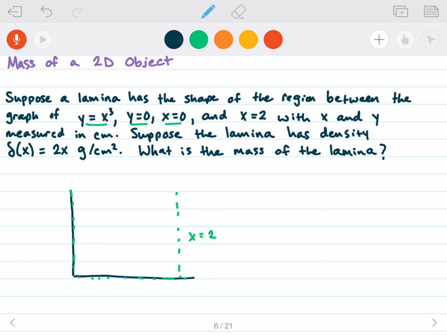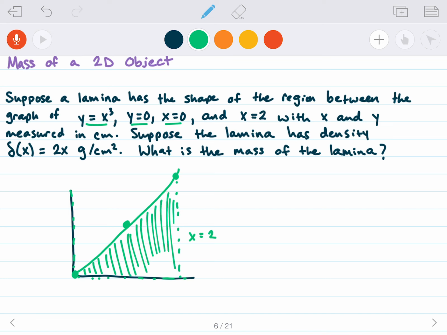If I plug in 0, I get 0. If I plug in 1, I get 1. And if I plug in 2, I get 8 all the way up here. So maybe it looks something like this. It's probably not going to be as straight, so maybe I'll make it a little curvier. So this is our region right here. This is our lamina.